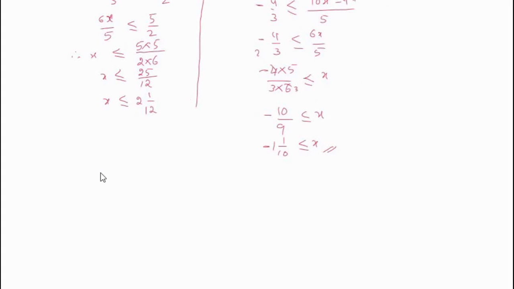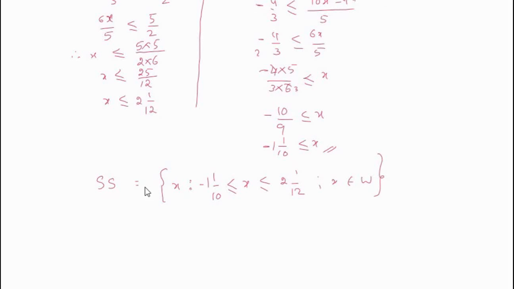So now how to combine? What is the solution set for this problem? Solution set is x such that, now x is here, this is greater than or equal to minus 1 1 by 9 and less than or equal to 2 1 by 12, and x belongs to W, that is whole number.